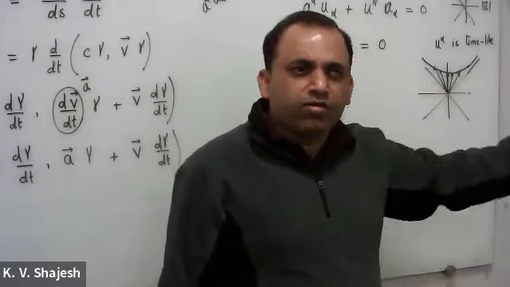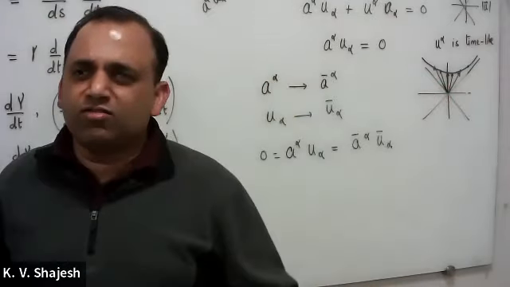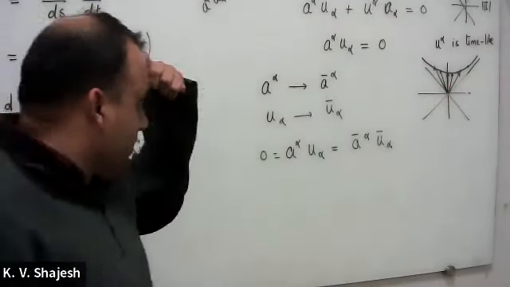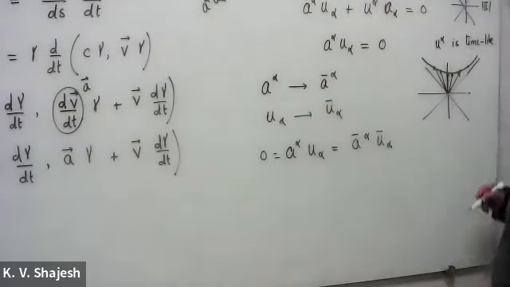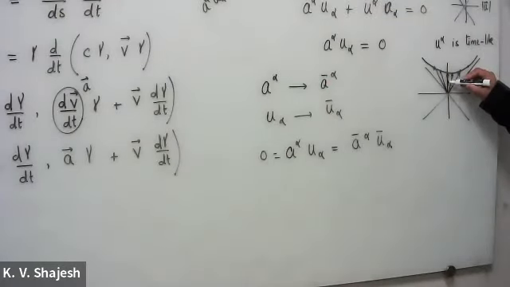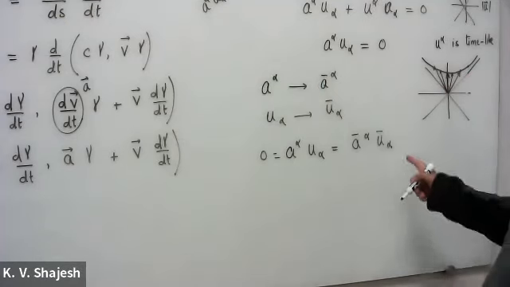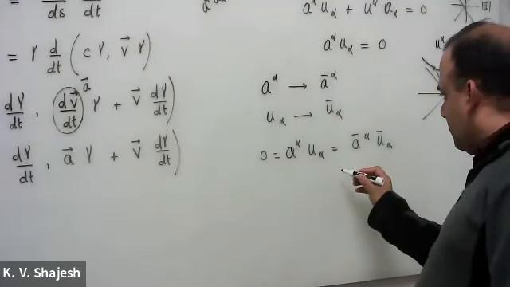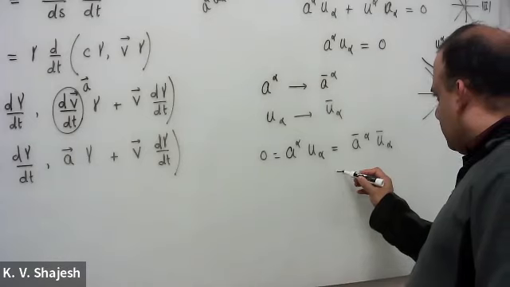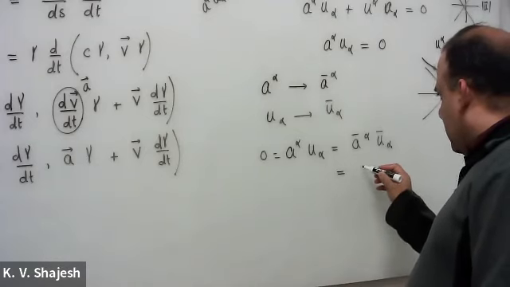Because U alpha is a constant. That's the equation of a hyperbola. So I pick a frame in which it is purely time-like. So if that is the case, this is equal to A bar.